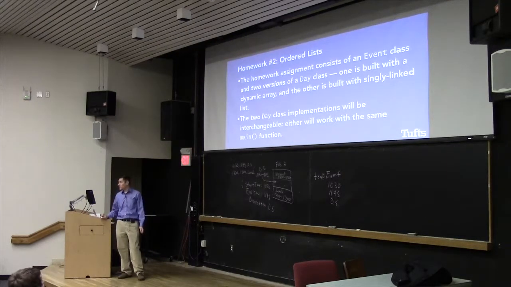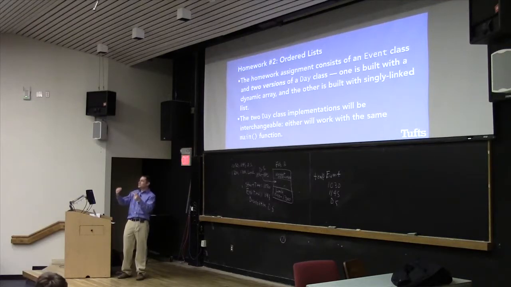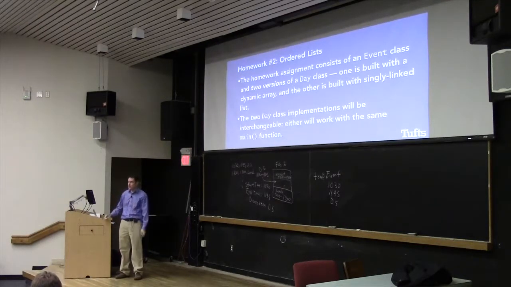Okay, and the reason we're doing that is twofold. Number one, to give you practice doing dynamic arrays and linked lists, and number two, to say, hey, look what you can do. You can have multiple implementations of the same exact function, okay, and you can link them separately.